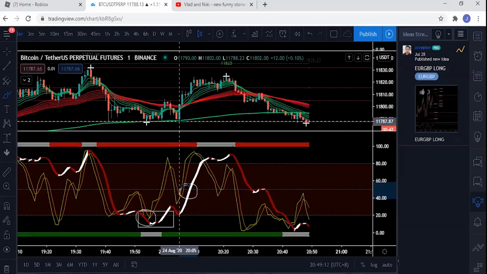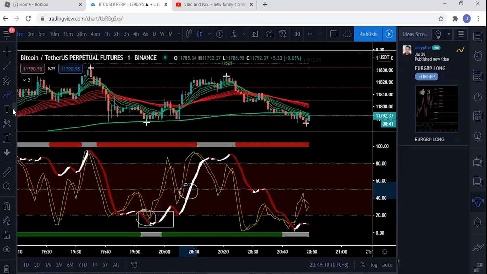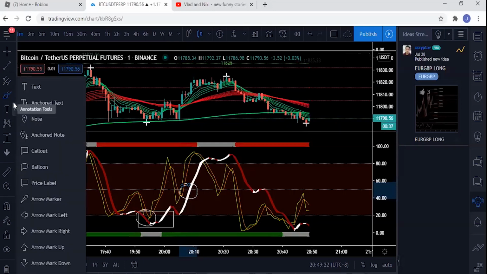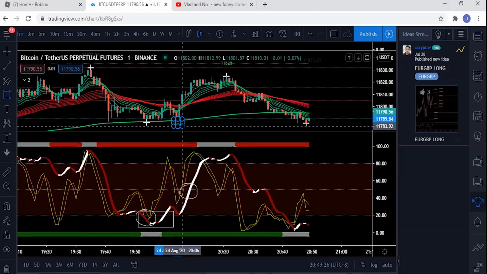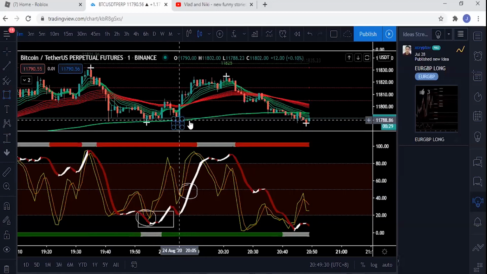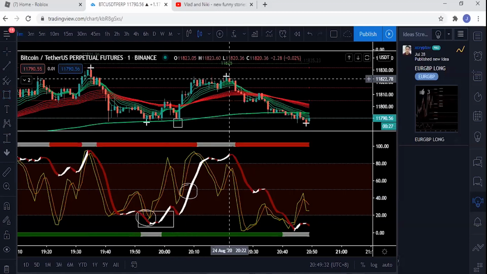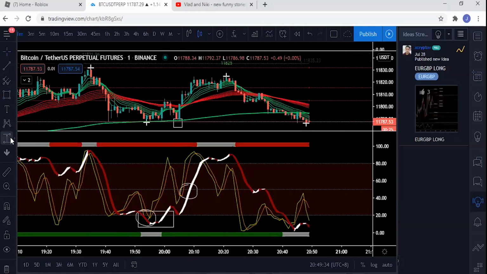So in the price action, this is where you enter the market, from here, in our support. Where are you going to exit?